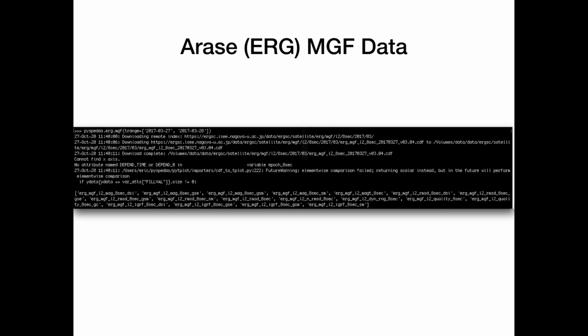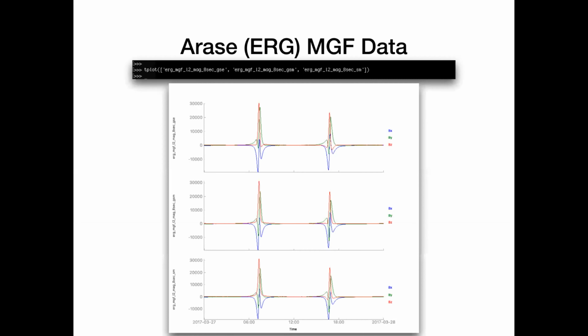And I mentioned earlier that the Arase data is loaded from Japan. So you can see it's actually going out to their data servers in Japan and finding the data and then loading them into tplot variables. And again, we just call tplot on some of those variables loaded, and it creates the figure. So in this example, we're plotting the B field in GSE coordinates, GSM coordinates, and SM coordinates.